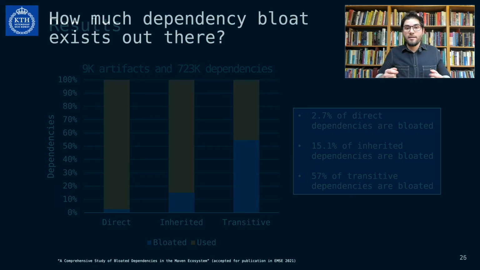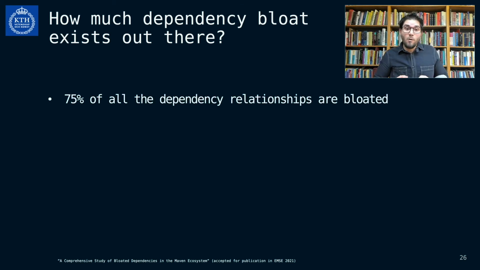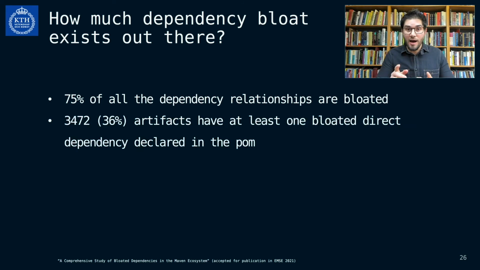So, answering our motivational question, how much bloat exists out there? Well, we found that in our dataset of 9,000 Maven artifacts, 75% of all the dependency relationships are bloated.